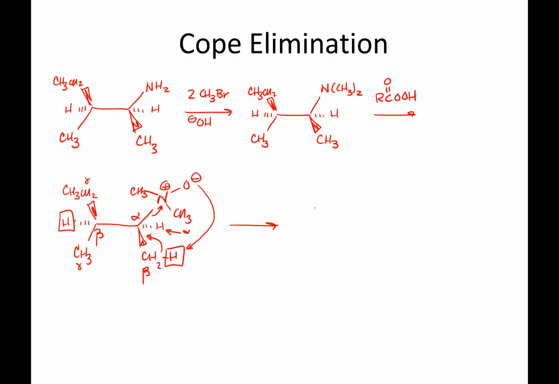So the major product of this reaction is going to be the same major product that we had before. Double bond's going to form to the CH2 group, and we'll have the hydrogen, the alpha hydrogen up there. Okay. So this is going to be the major product of the reaction.